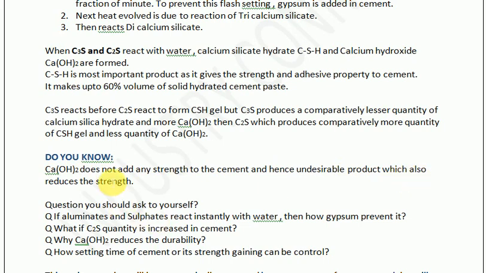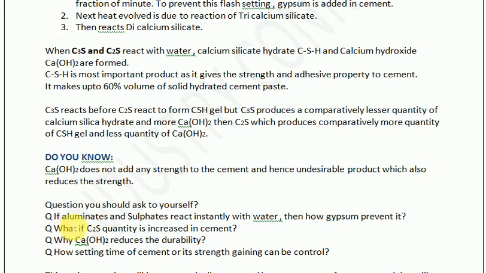So this statement is also very important: in tricalcium silicate, a lesser quantity of CSH gel is there and a greater quantity of calcium hydroxide, and this calcium hydroxide is an undesirable product which reduces the strength. So now we can conclude: cement having more dicalcium silicate will be stronger, and cement having more tricalcium silicate will be less strong.